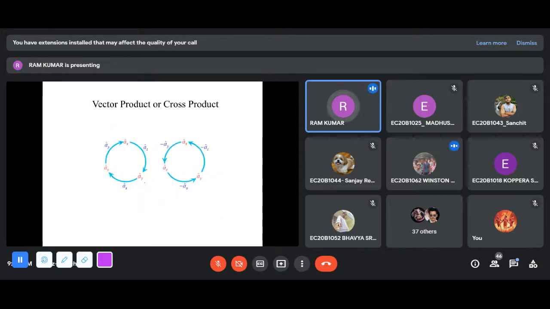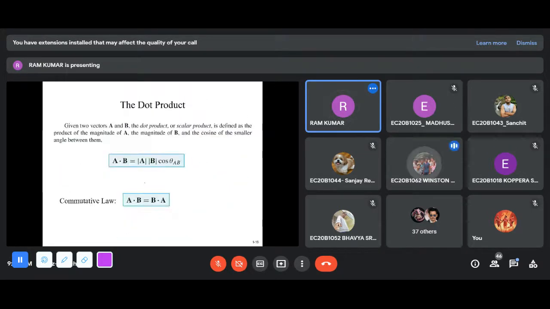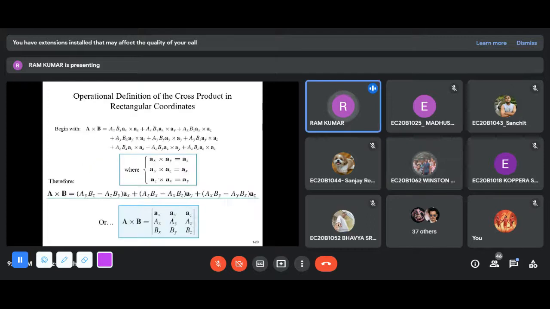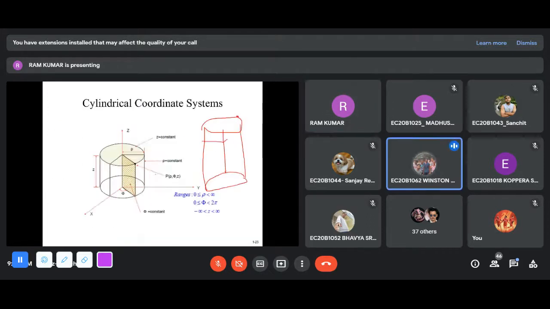You are saying about the formula A dot B. Yes, sir, that cos theta will become 90. See, how are you saying it's 90 actually? Because it's 0, sir, the dot product.